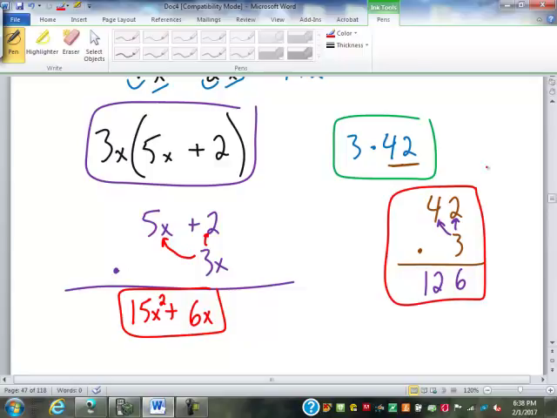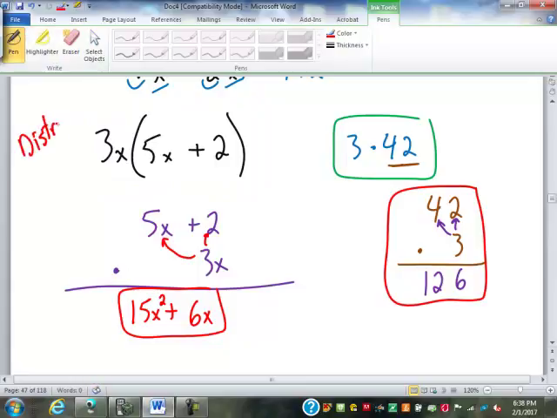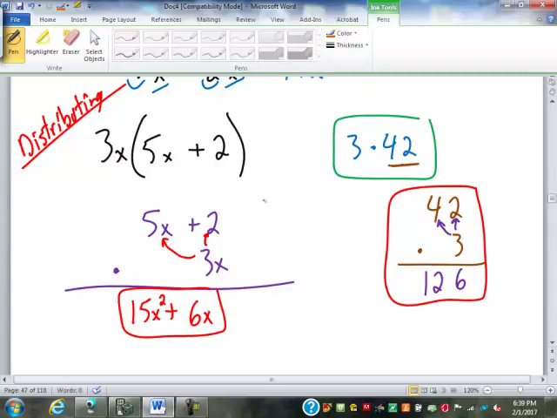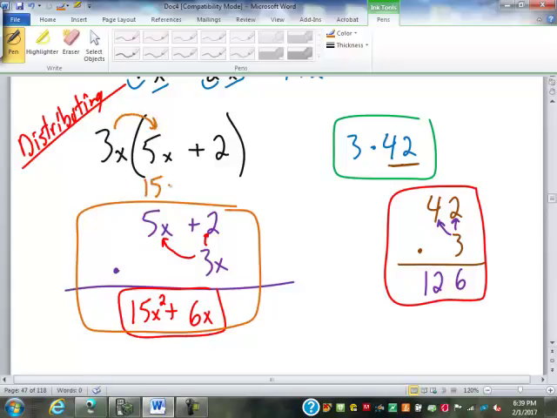Now, many of you were probably taught a shortcut. And that shortcut was called distributing. Distributing is nothing more than a way of saving paper and space. So where we condense this process into just simply doing this. 3x times 5x is 15x squared. 3x times 2, positive 6x.